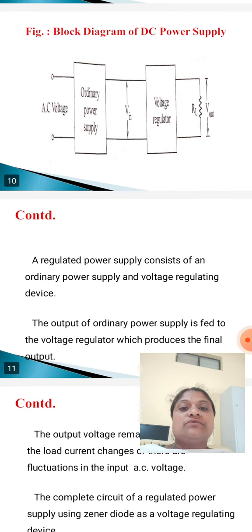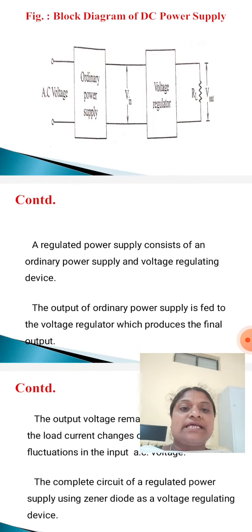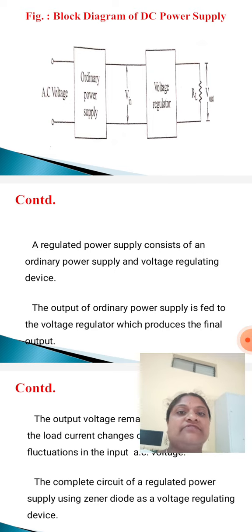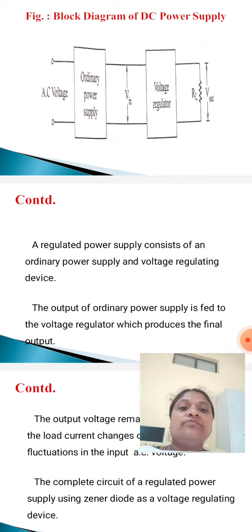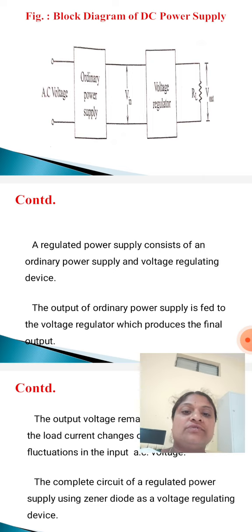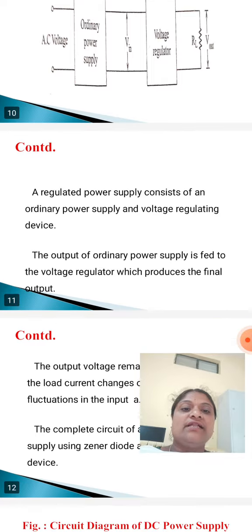A regulated power supply consists of an ordinary power supply and a voltage regulating device. Observe this. AC voltage is applied to an ordinary power supply. The output of the ordinary power supply is fed to the voltage regulator, which produces the final output.